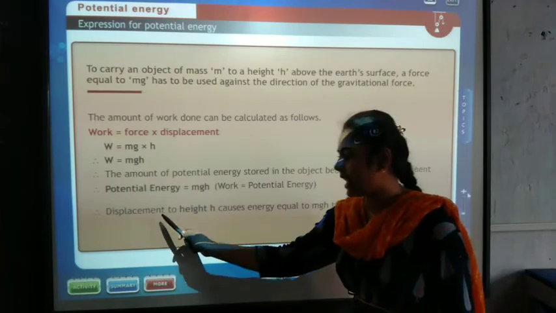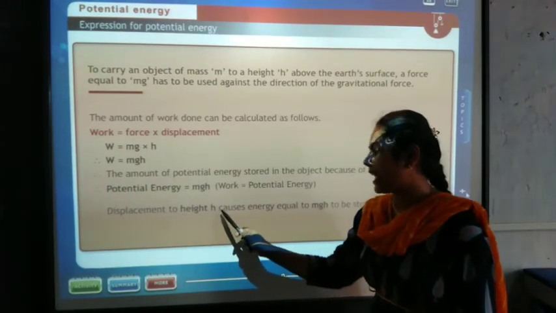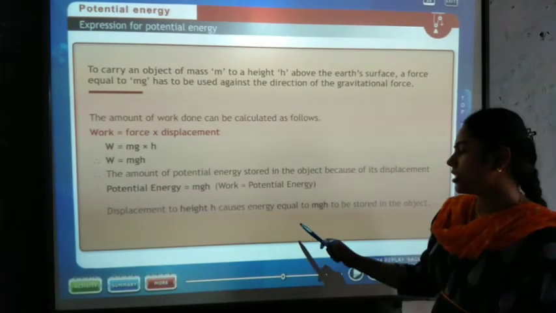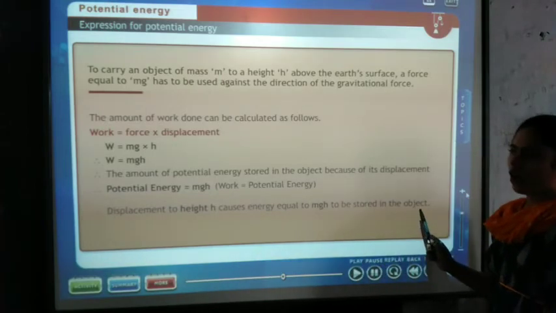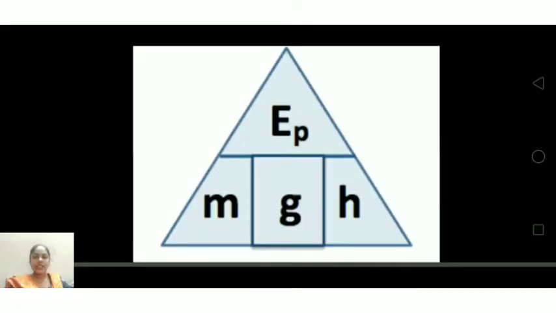Therefore, we can say that displacement to height h causes energy equal to mgh to be stored in the object. So, in this way, we have understood the expression for potential energy, which is EP is equal to mgh. So, remember this expression and the formula for potential energy.